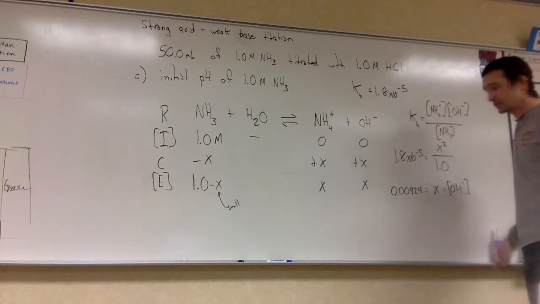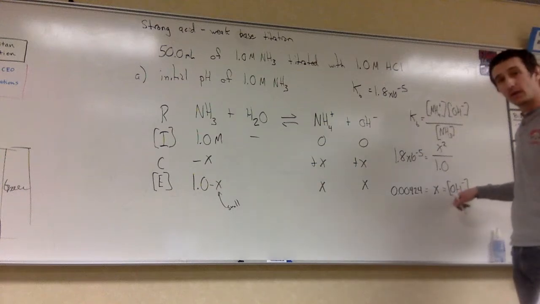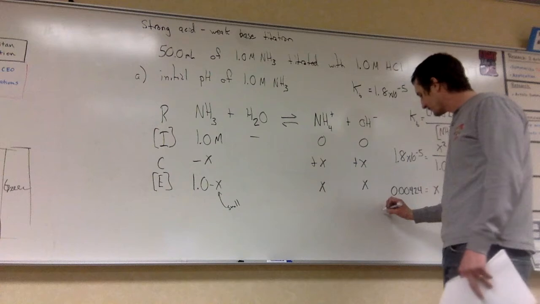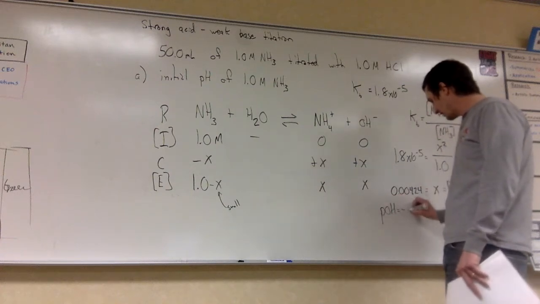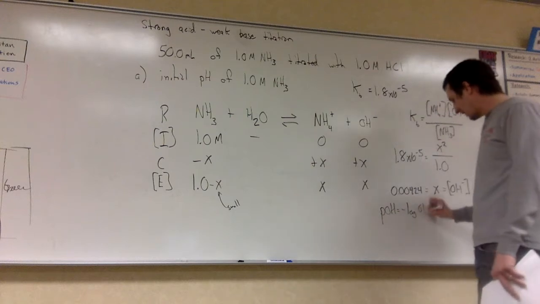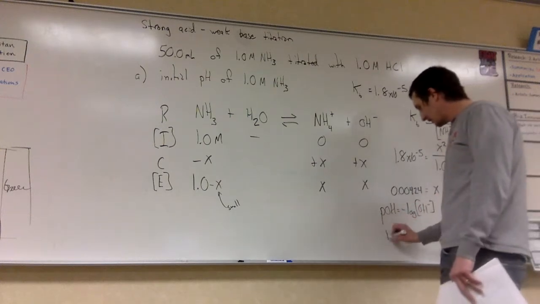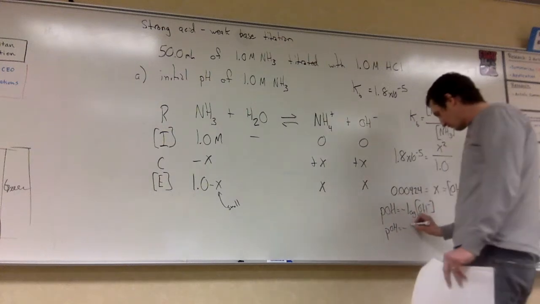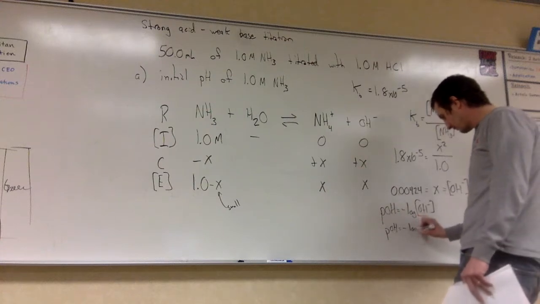Now, if I want to know pH, well, I have the hydroxide ion concentration, so I can find pOH. pOH is equal to the negative log of that hydroxide ion concentration, so the negative log of 0.00424.